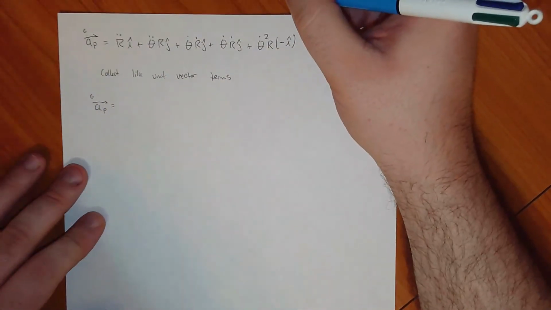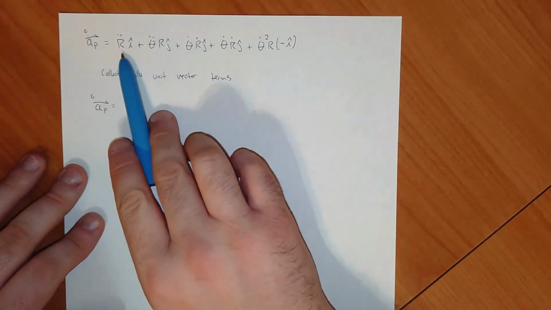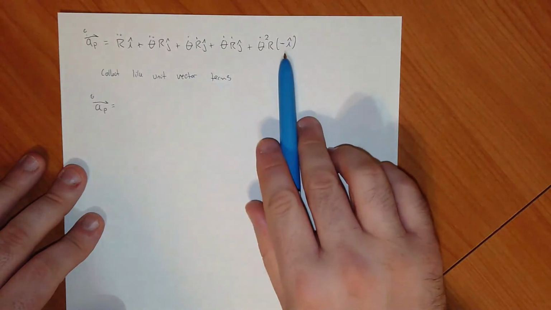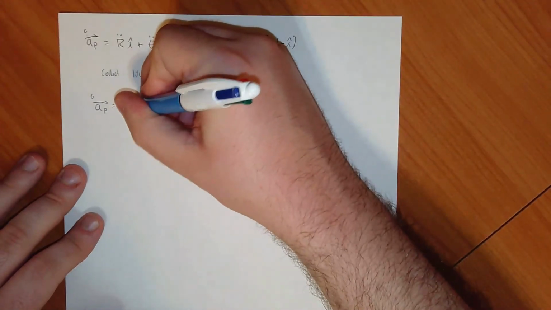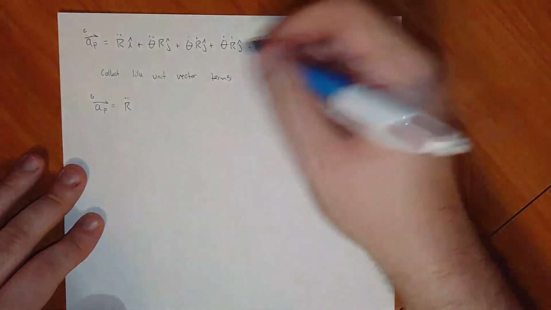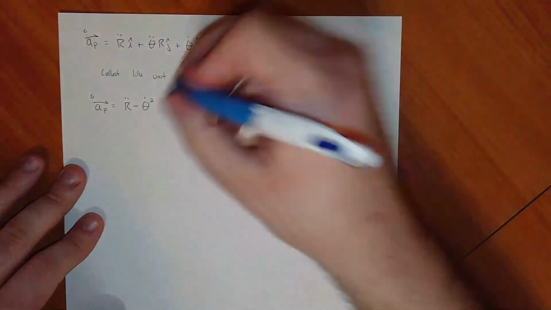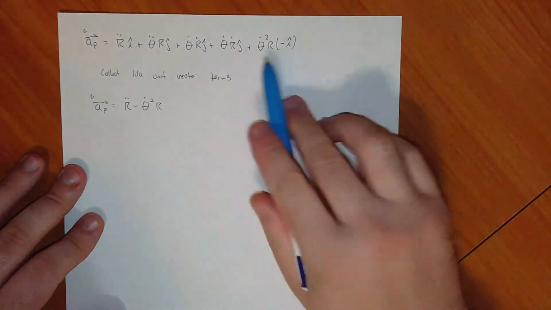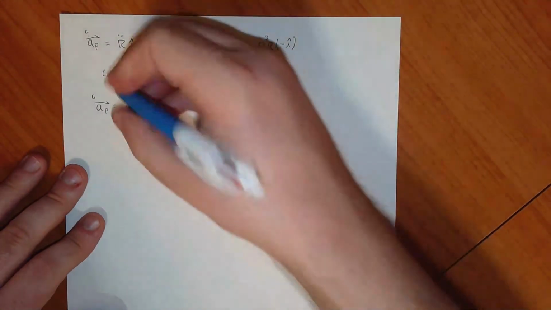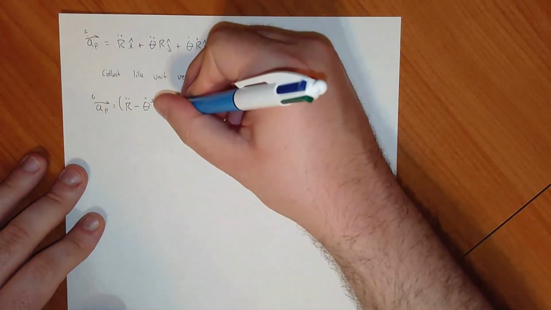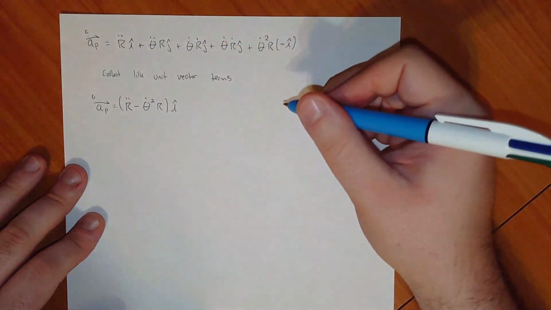Okay, so let's just collect all the i's together. I've got an i here, and I've got an i here. So this is going to be r double dot from this guy, and then it's going to be minus theta dot squared r from this guy, right? That's where the minus sign comes from. And then that's all going to be in the i hat direction.